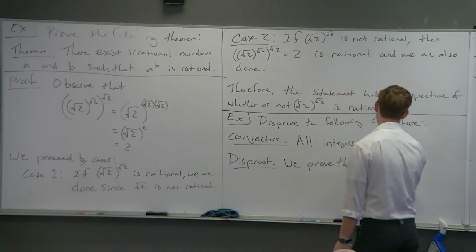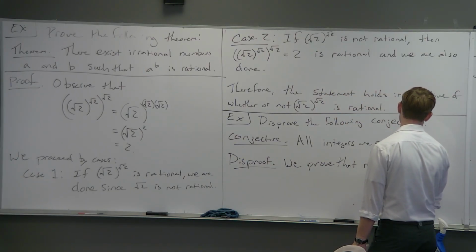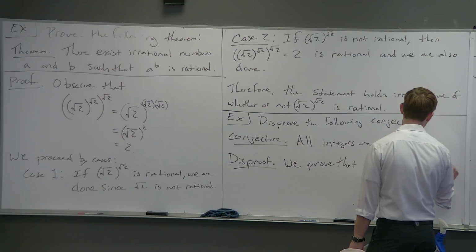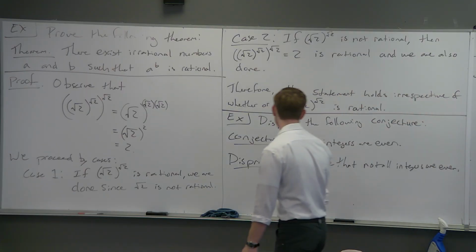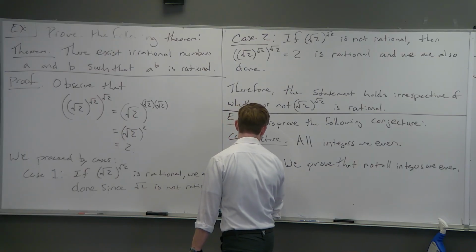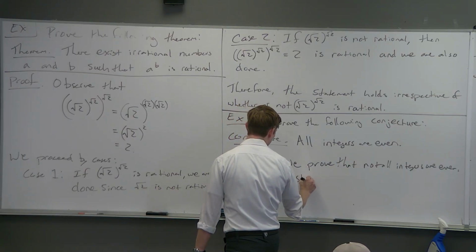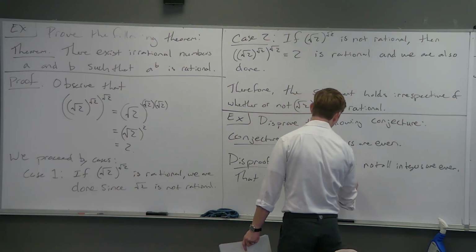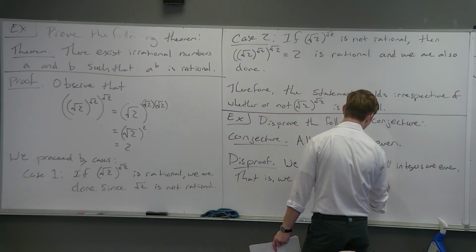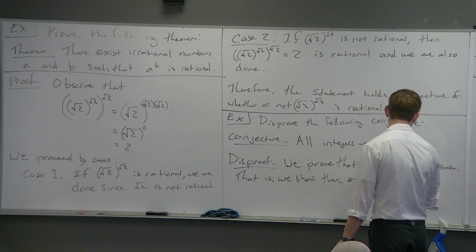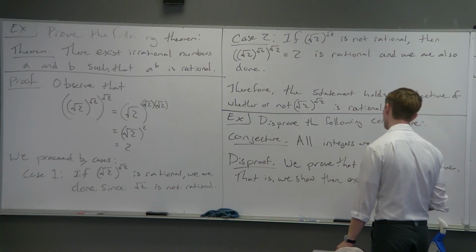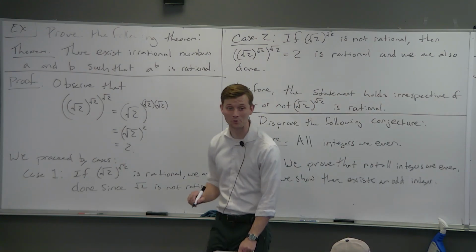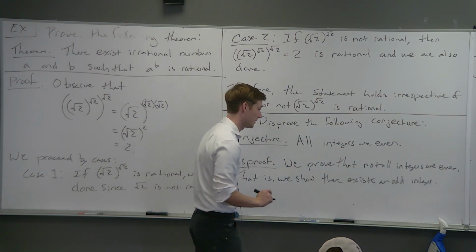We prove that not all integers are even. That is, we show there exists an odd integer. We do so by producing one.